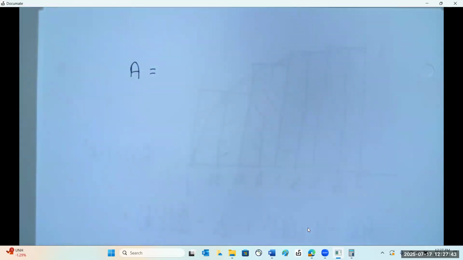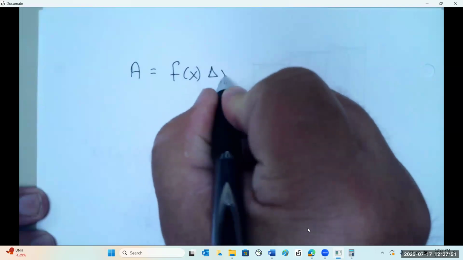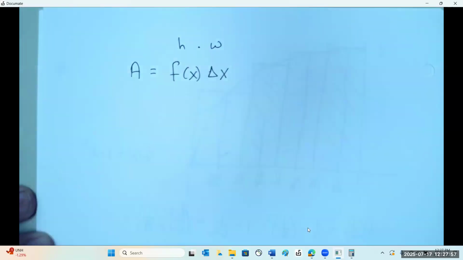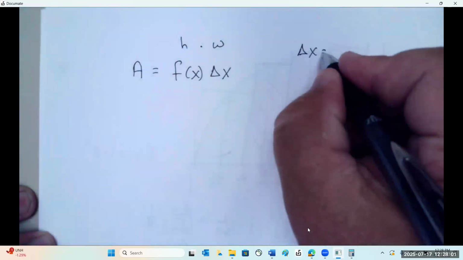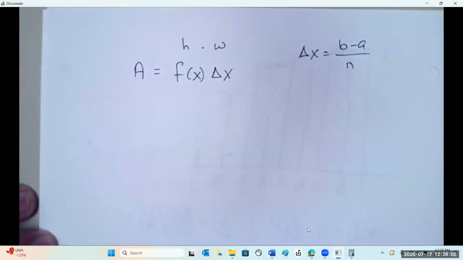So what's really happening? The true area is made up of what? The function times the width. This is the height, and this is the width, where delta x is made up of b minus a over n.